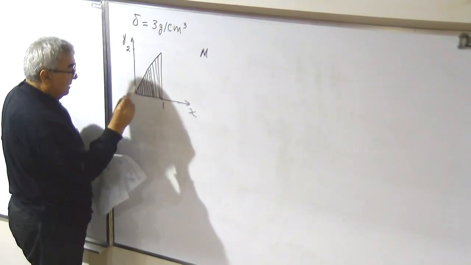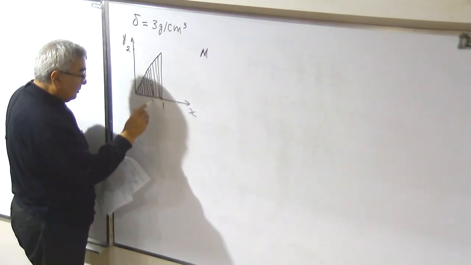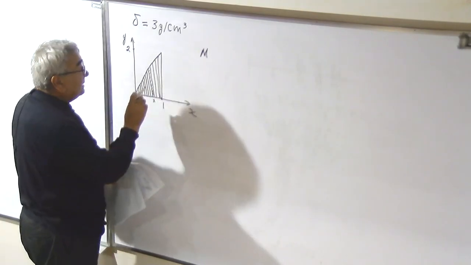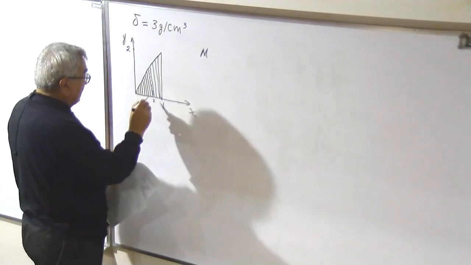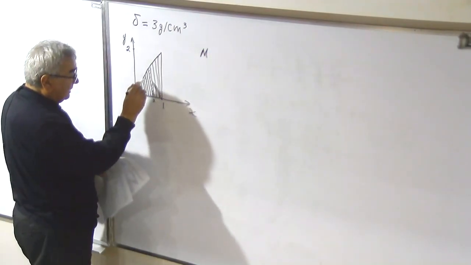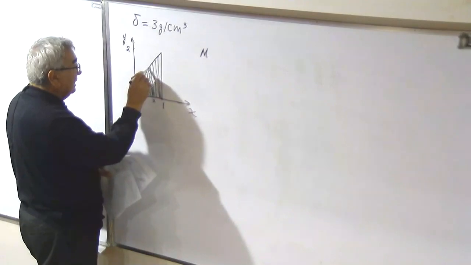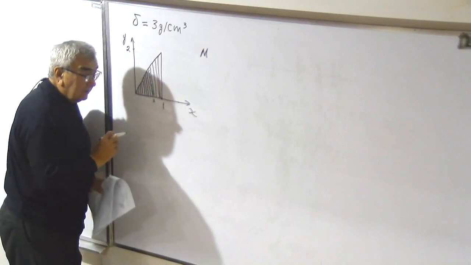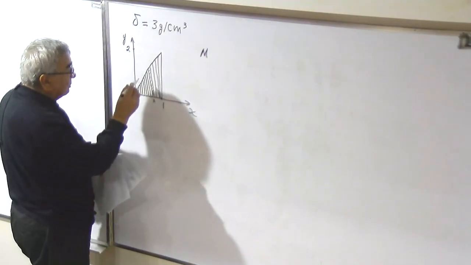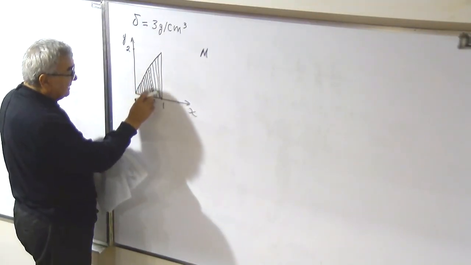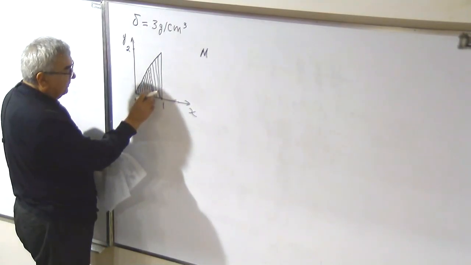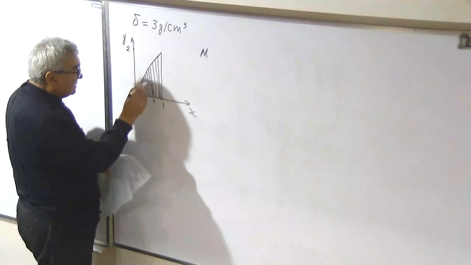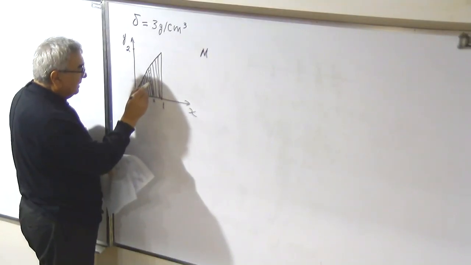This is the coordinate of this strip, and the width is dx. The coordinate x and the coordinate y on this strip change. But because the width is very small, the center of mass of this strip will be exactly in the center.